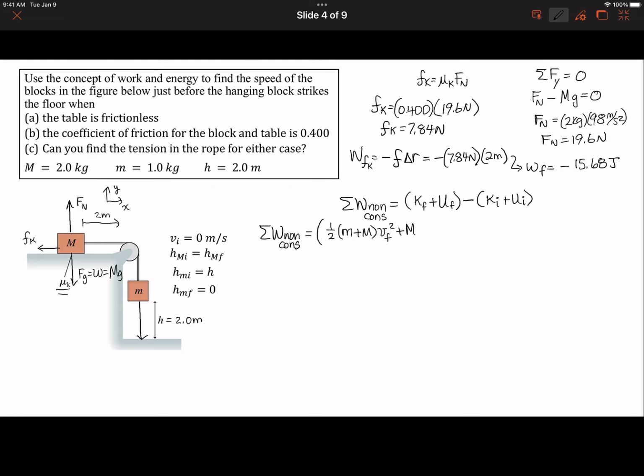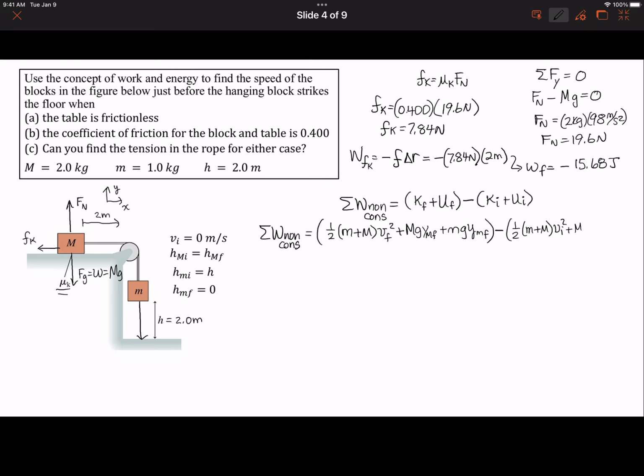plus the final potential energy of each block. So I would have the mass that's sitting on the table, and then I would also have gravitational potential energy from the mass that's hanging. And then that's minus the kinetic energy initial. And again, they initially have some velocity together. And in this case, they start from rest.